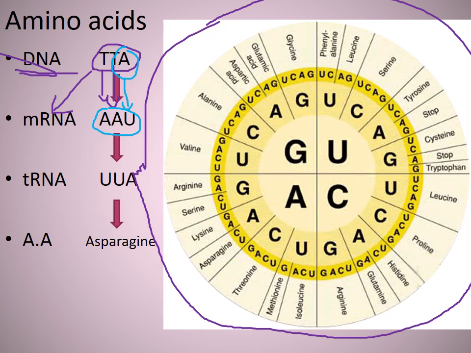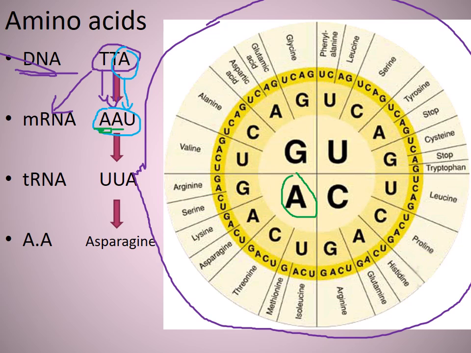And looking at the chart to the right here, how can we tell which amino acid the AAU is talking about? Well, we have to know how to interpret the information on this chart. Essentially, what I like to do is start from the inside and work my way out. So what's the first letter of this codon? It would be A. So we start here, A. Now that we're on the inside, let's work our way out.